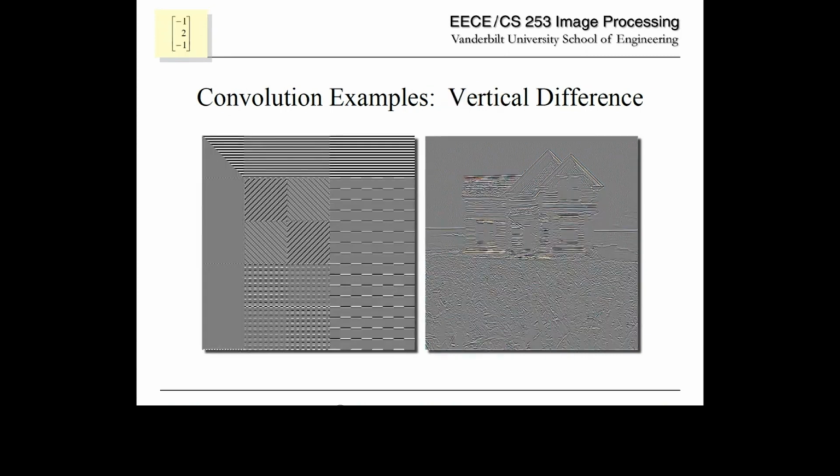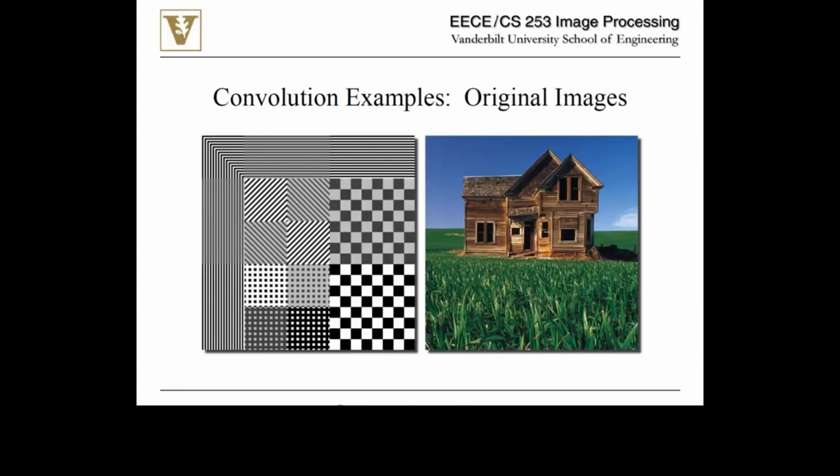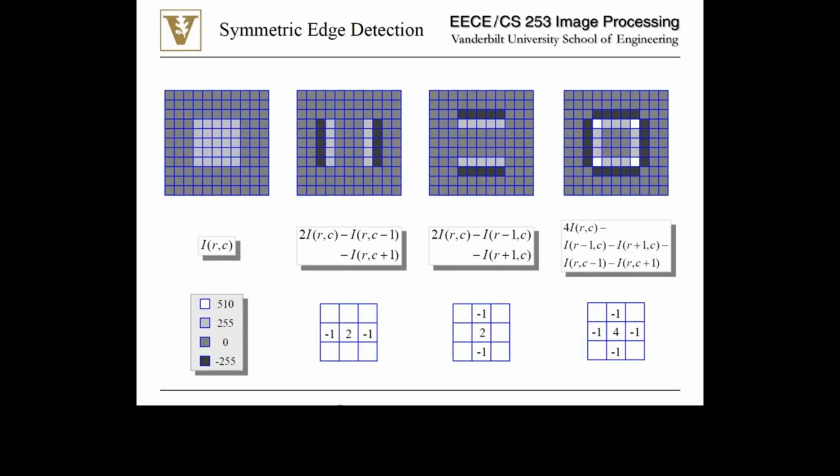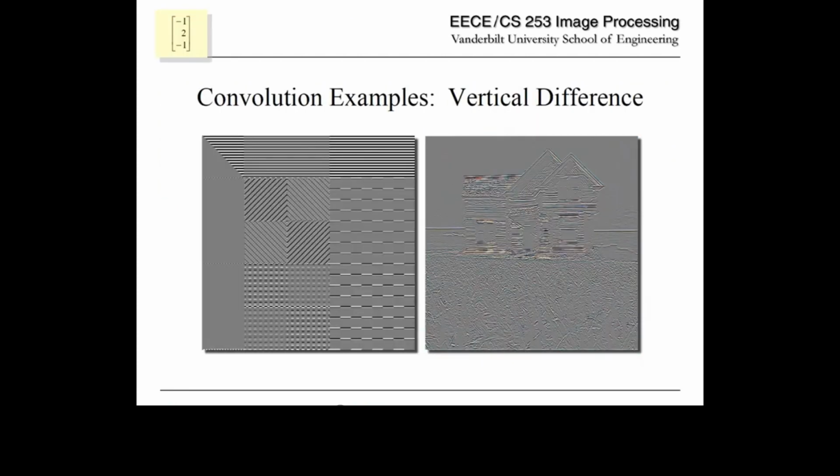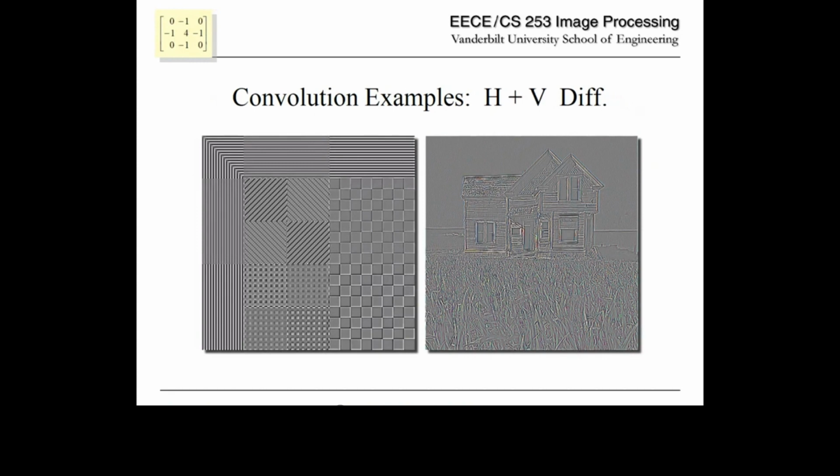So look at that, there is no derivative along this direction. And I can have both. So I can add both of them, and now I see all the edges.